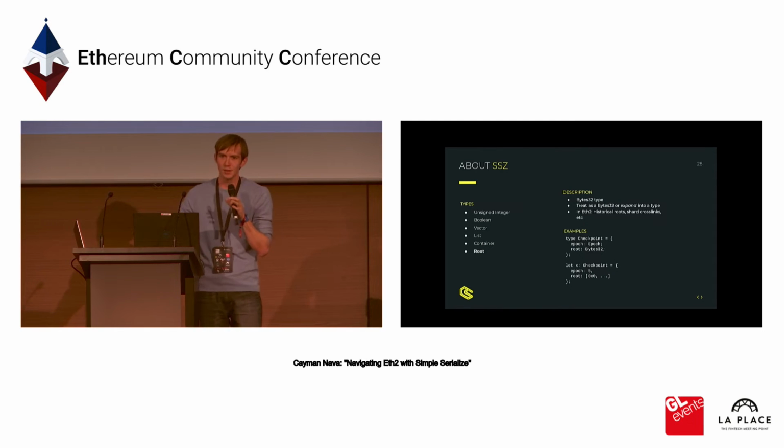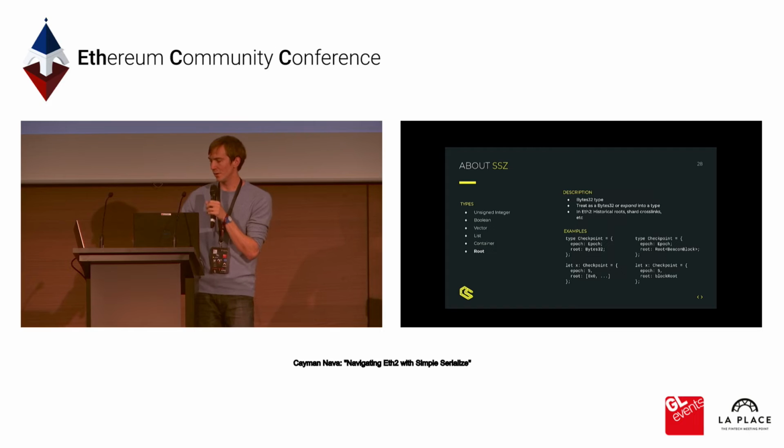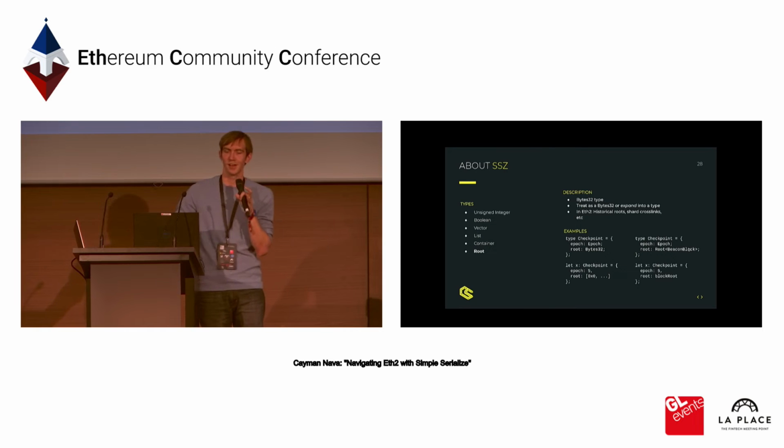And for that, we need to know the type of that subtree. So like for our example of a checkpoint earlier, the root subelement is actually the root of a beacon block. And it's not just a byte 32.